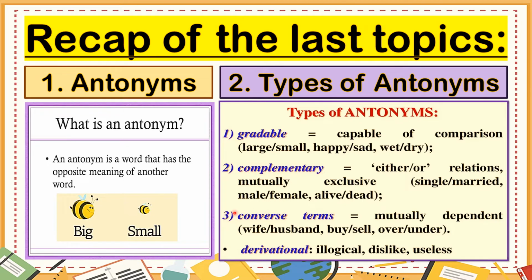And the last one is converse terms. Mutually dependent. Examples, wife, husband, buy, sell, over, under. Derivational, logical, dislike, useless. So class, these were the two topics that we have discussed last week.